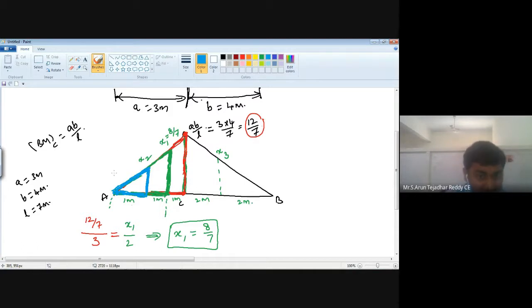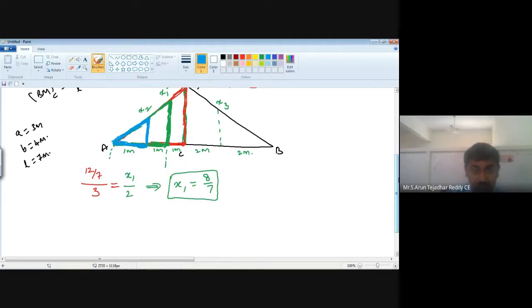Generally, what is our bigger triangle in the left portion? Already we discussed the same value, 12 by 7 by 3. This is our bigger triangle. For that, the similar triangle is sky blue color. In that, base is 1 meter, perpendicular is x2. So x2 by base. You can observe only sky blue in this portion. So in this portion we have 1 meter. Now what about x2 here? x2 is 4 by 7.